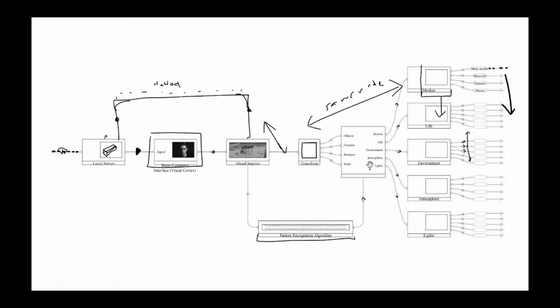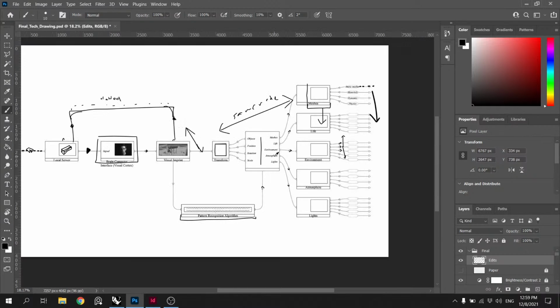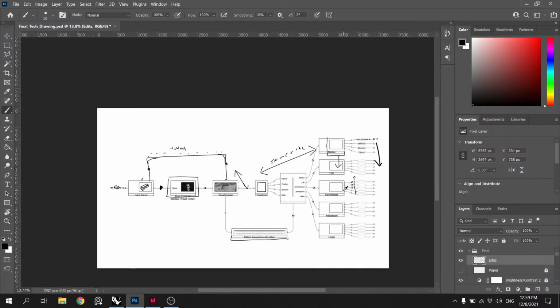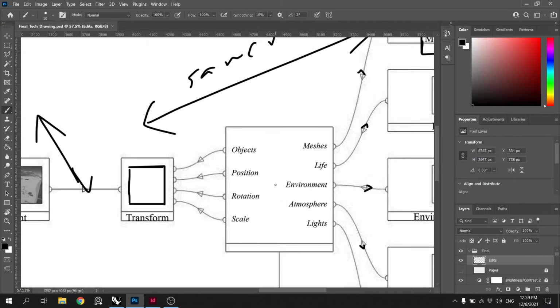Something like this node here maybe looks a bit weird. Should there be a line? Yeah, there could just be a line like this. It's a merge.